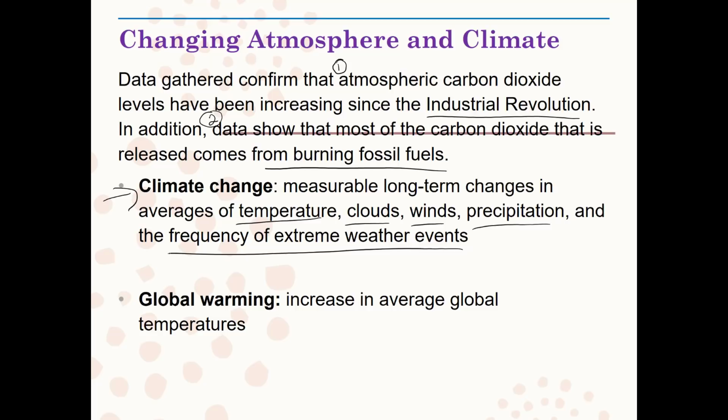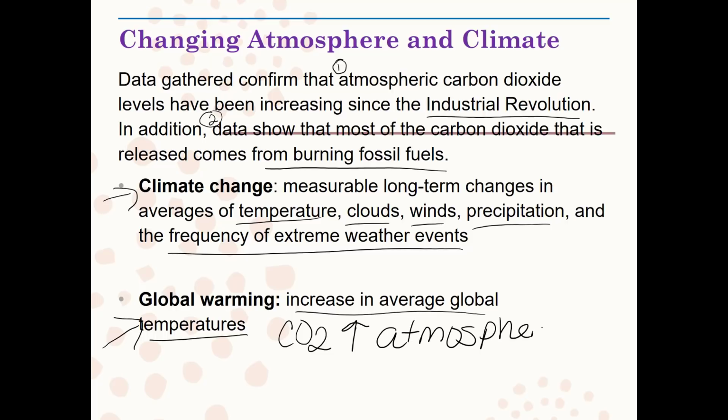Now, the other part is global warming. Okay, global warming directly deals with the increased average of temperature across the biosphere. Now, how this happens is we have what are called greenhouse gases. Okay, greenhouse gases such as carbon dioxide, as they increase and they are in the atmosphere more and more, those greenhouse gases trap the heat coming from the sun.